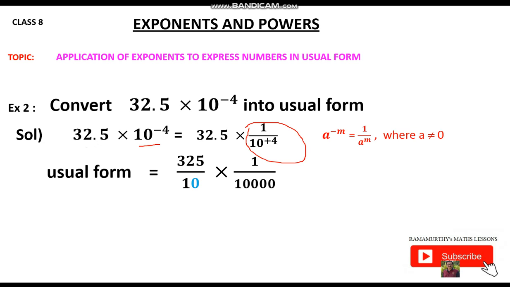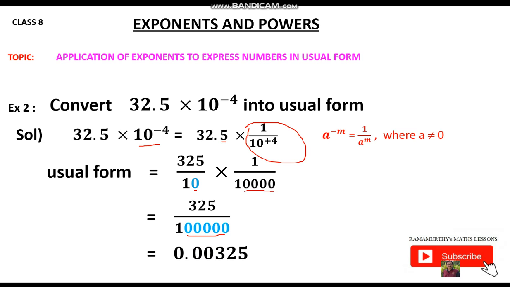32.5 has a non-zero number in its tenth place. So this can be converted into fractional form as 325 by 10 into 1 by 10^4, which means 1 followed by 4 zeros. So the product is 325 by 1 followed by 5 zeros.